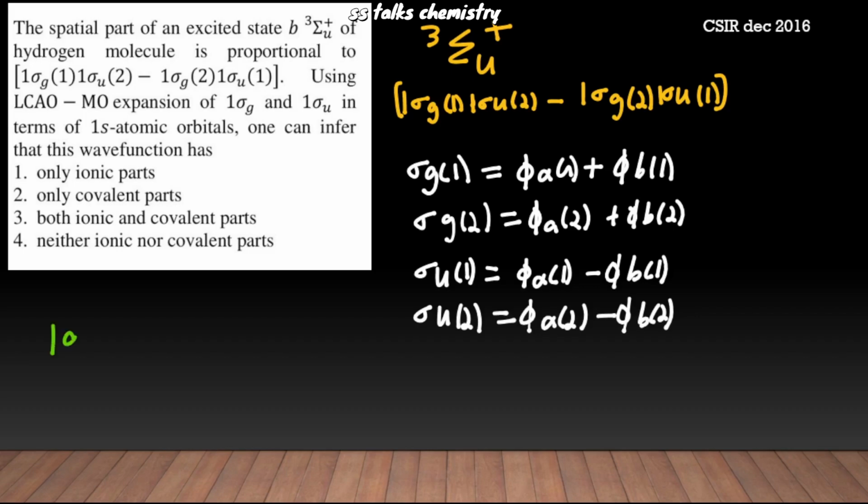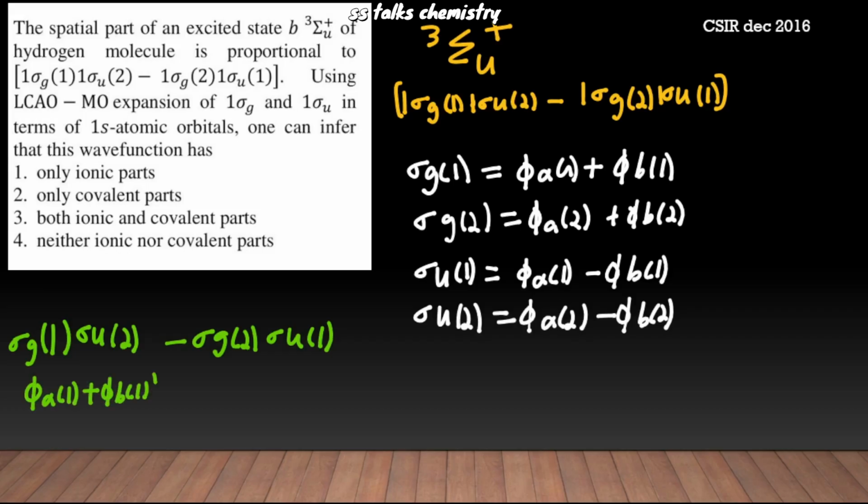So the wave function is sigma G1 into sigma U2, minus sigma G2 into sigma U1. Sigma G1 is phi A1 plus phi B1, right? Sigma U2, for the second electron, is phi A2 minus phi B2, right?